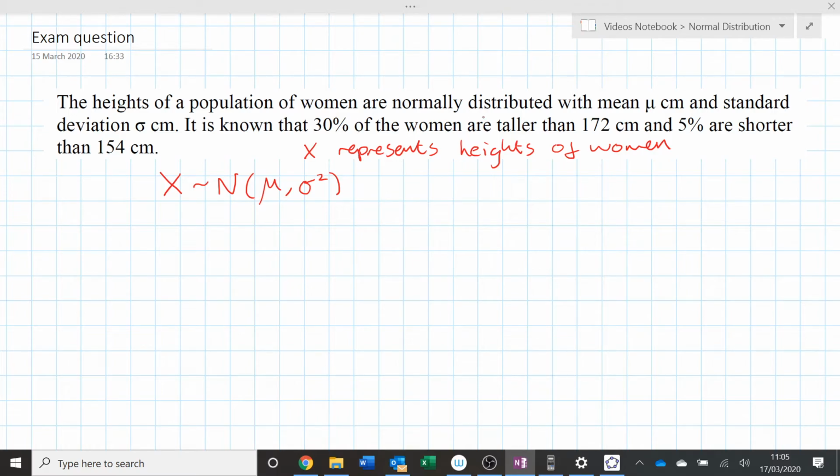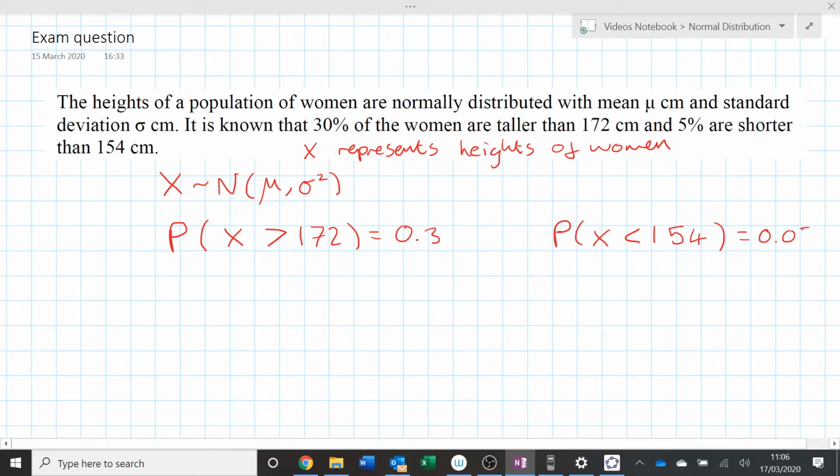And I need to very carefully write down the two facts that I've got. I've got that the probability of X being greater than 172 is equal to 0.3. And I've got that the probability of X being less than 154 is equal to 0.05.